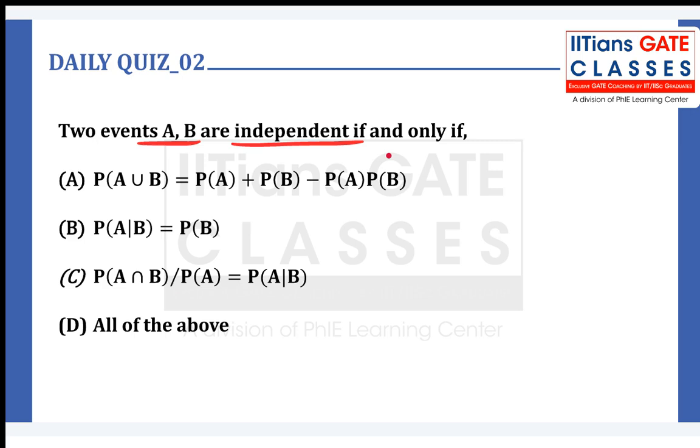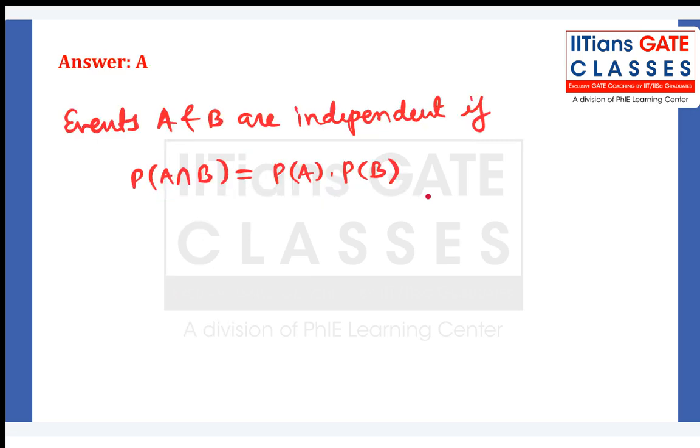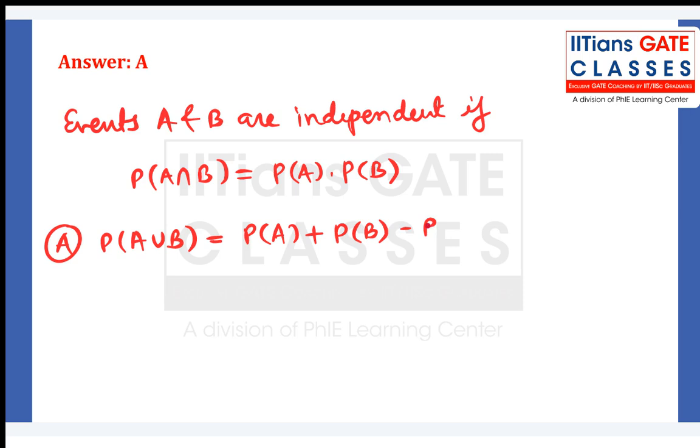The first option is nothing but your inclusion-exclusion theorem, or addition theorem, of 2 events. The standard theorem is that A union B is given as P(A) plus P(B) minus P(A intersection B), and I think most of you will know this because it is taught in earlier classes, not only in graduation.